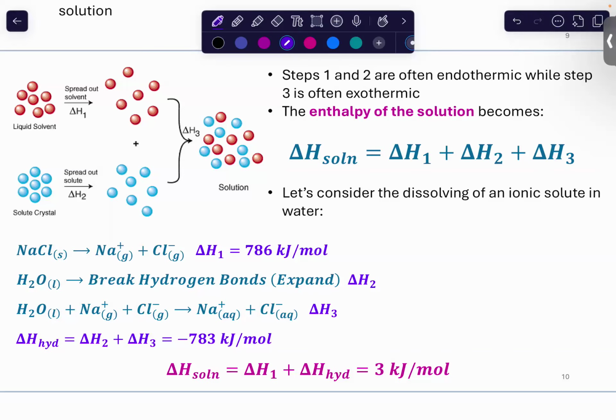So there you see sodium, and one thing to pay attention to is these processes are usually done by first splitting your solute apart in the gas phase. So you can get energies for that. So there you see sodium chloride split into sodium and chloride ions in the gas phase. That is going to take 786 kilojoules per mole to do that.